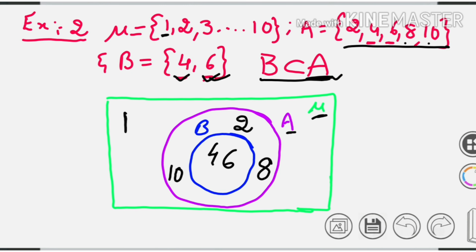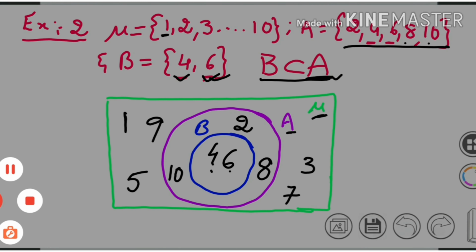And 3 is also not here, so write 3 anywhere outside A, inside nu. 4 is covered. 5 no, so write 5 anywhere. 6 is there. 7 no, so write 7. 8 is there. 9 no, so write it any place. 10 is there. So like this we have to fill the elements in the Venn diagram.